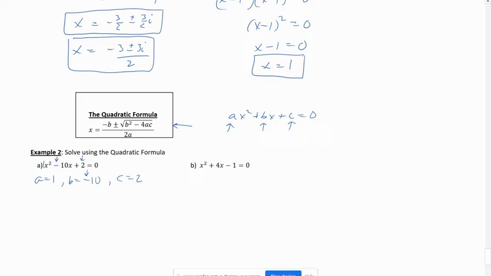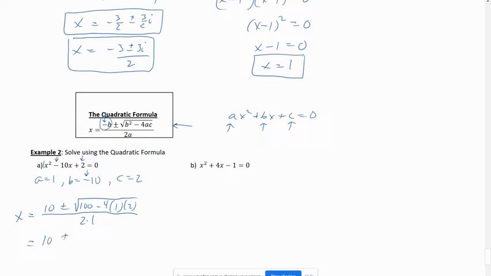So now that I have a, b, and c written down, I can just plug right into the quadratic formula. x equals, instead of saying negative b, you want to think of this as the opposite of b. So the opposite of b is positive 10, plus and minus the square root of b squared, which is 100, minus 4 times a times c, all divided by 2 times a.